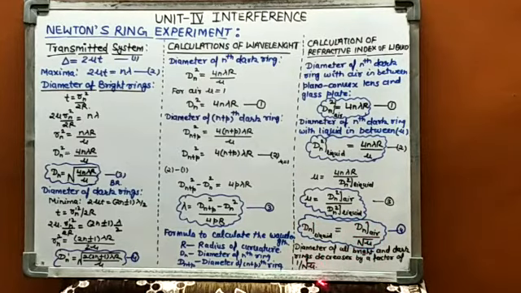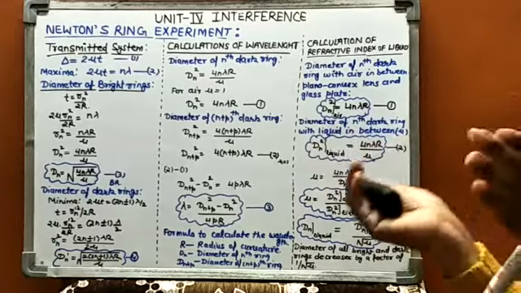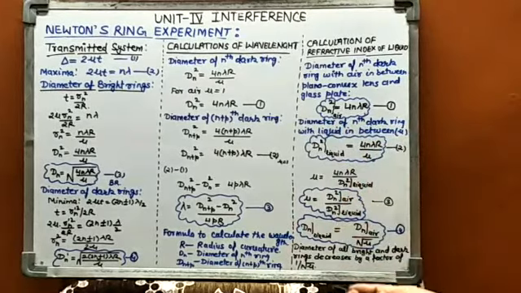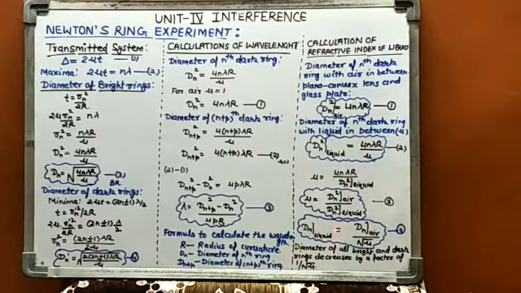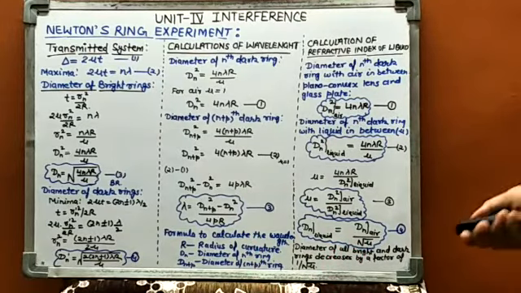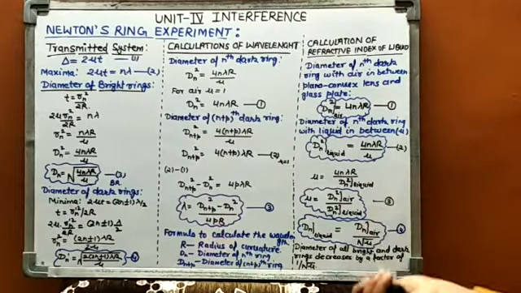In general, when there is a liquid between the plano-convex lens and glass plate, the diameters of all the bright rings as well as dark rings decrease by this factor of 1 upon root mu. This means there will be a contraction in the interference pattern when a liquid of refractive index mu is introduced between the plano-convex lens and the glass plate. So this is the application of the Newton ring experiment. Thank you.